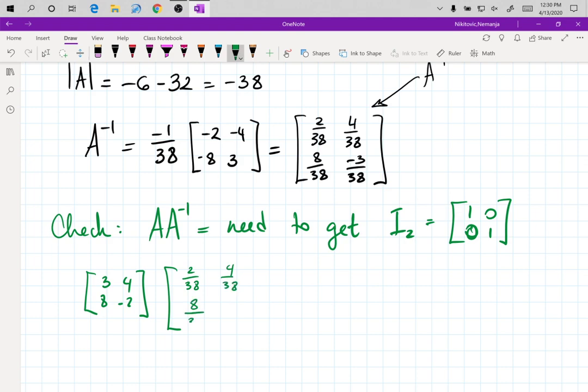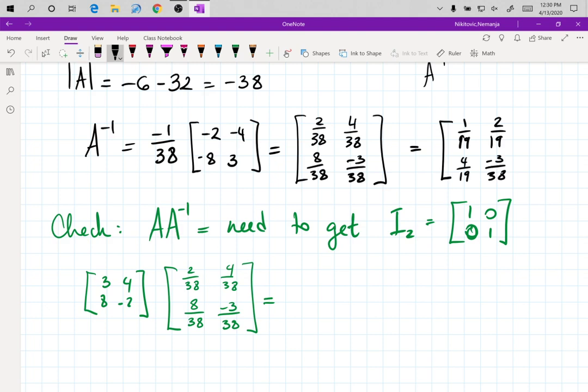But as the answer in your MATLAB, you better put reduced numbers, otherwise you will be computing it from scratch. So I'll put the reduced answer here: 1 over 19, 2 over 19, 4 over 19, and negative 3 over 38. That one can't reduce. All right.